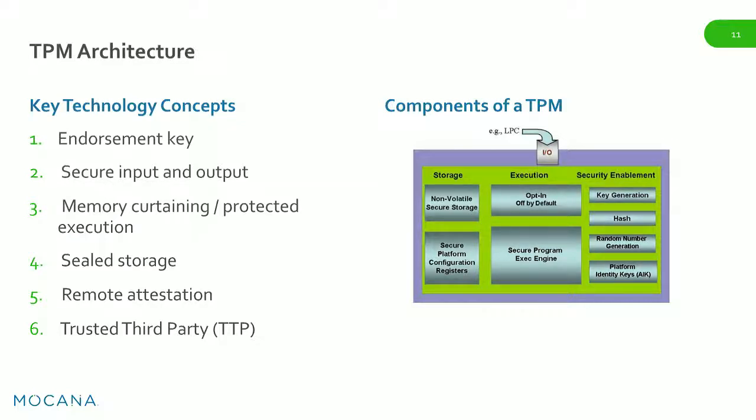Overall, the TPM architecture is pretty straightforward, and one of the reasons we're seeing significant interest and uptake in the industrial community is because identity and identity attestation, as well as authorization, is a significant problem in the industrial world. These are networks that were not traditionally designed to be open to access.